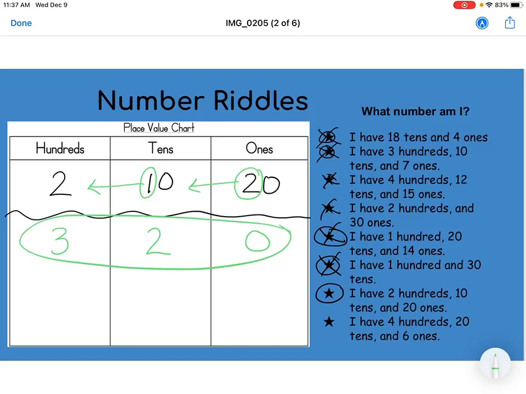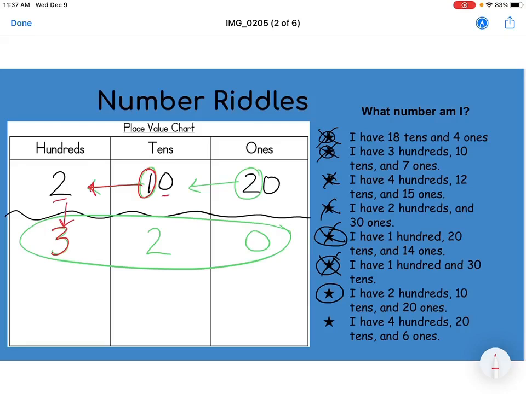Okay, I hope you have 320 as the answer to this riddle. And let's take a look at what our regrouping looks like. We have 10 tens, which we know that we can add this 100, because 10 tens is 100. I'm going to add that 100 to the 200s I already have. 1 plus 2 gets me 3, so that's how I ended up with 300s.